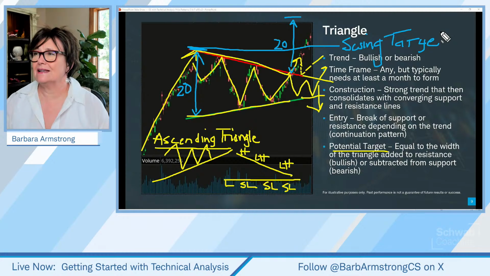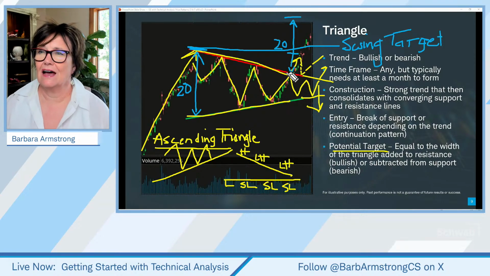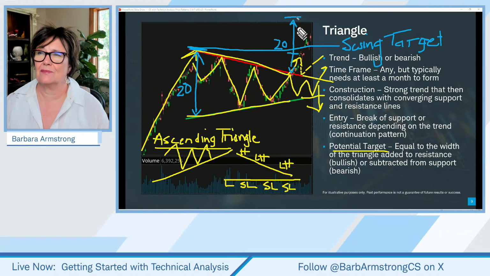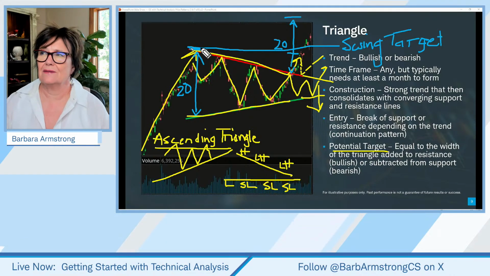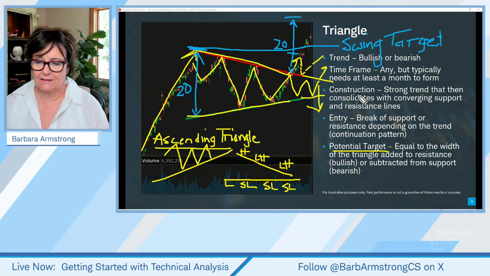And some people might say, well, when it reaches the swing target, I might not exit, but I'm going to move my stop up. That's another way someone might use this target, to just say, just in case it doesn't go all the way to the target I'm expecting, when it gets up to the swing target, I'm going to tighten up my exit.